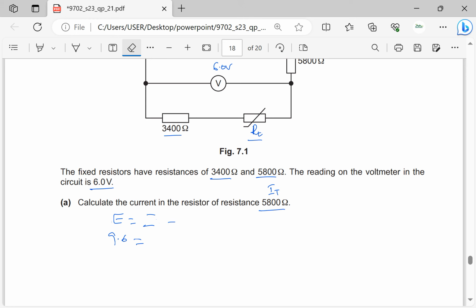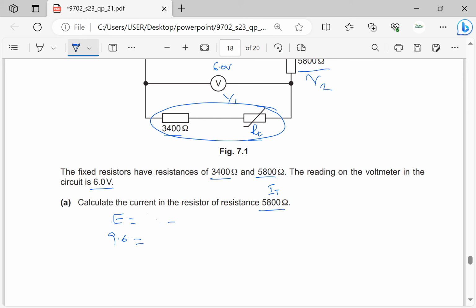I will sum up the PD. I will just call these ones PDs. PD across this one, PD across here, I will call it V1. PD across here, I will call it V2. But V2 is going to be equal to the current times the resistance there. So this is going to be V1 plus V2.